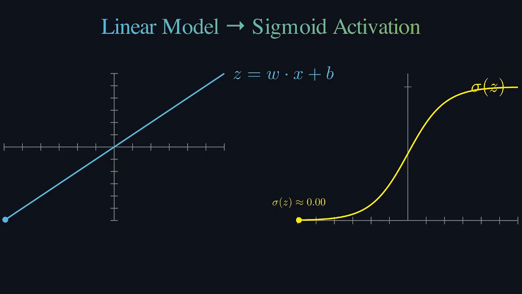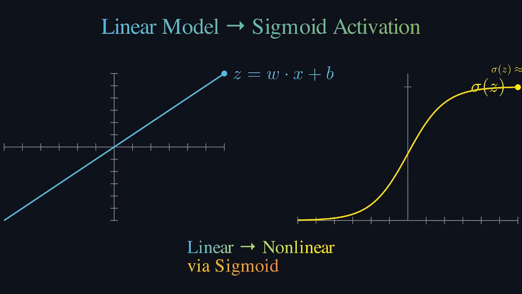Here my output is between 0 and 1, and this is not a straight line. It is a curve. This starts from 0 and reaches a maximum of up to 0.99, and then goes to 1, but it will not move beyond that. So this is the function that converts our linear output to a non-linear one via the sigmoid function.